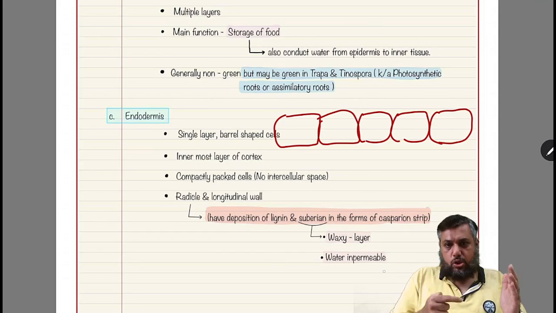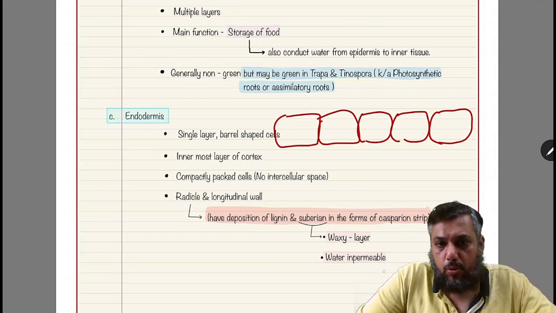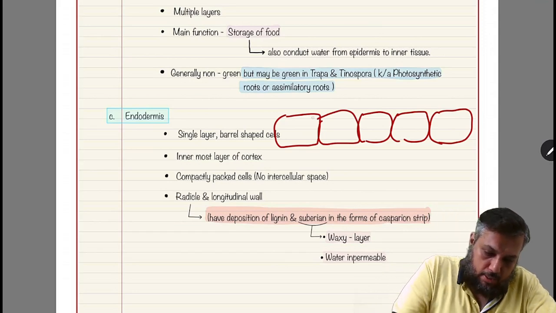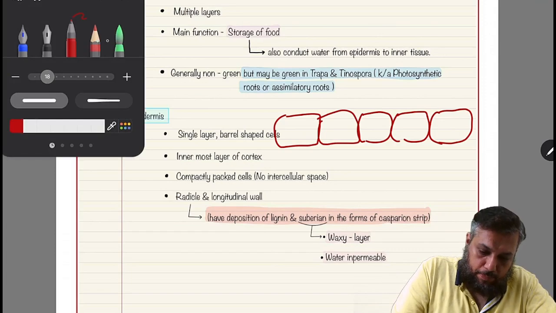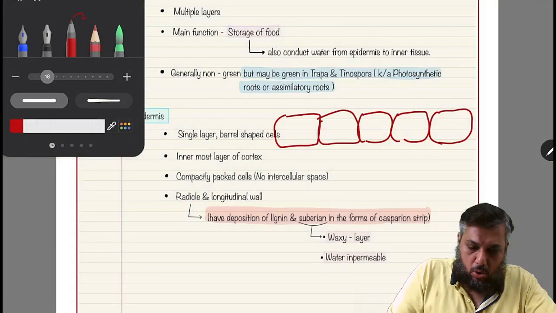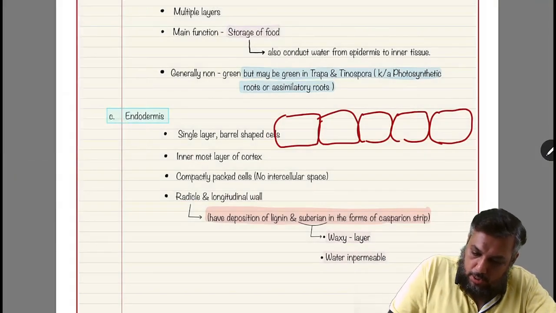Okay, so on the radial walls first, then on the tangential walls, there is a deposition of a waxy layer which is called suberin. Okay, first this layer is deposited on the radial walls.